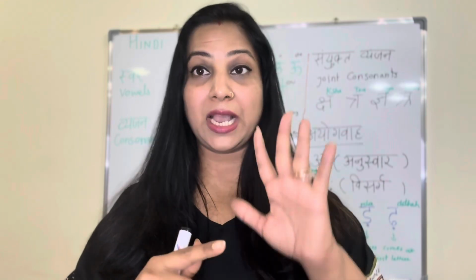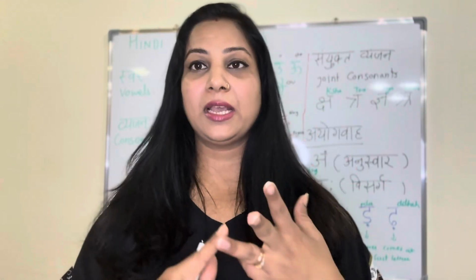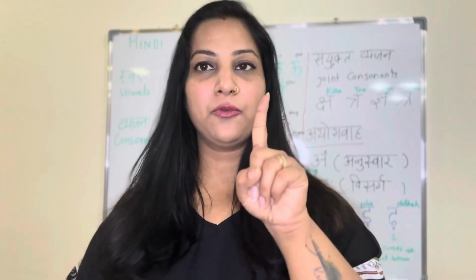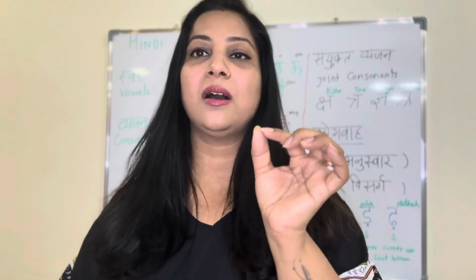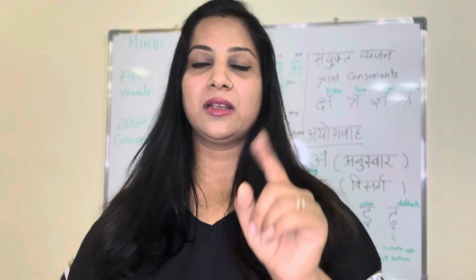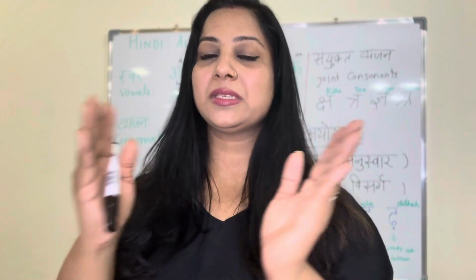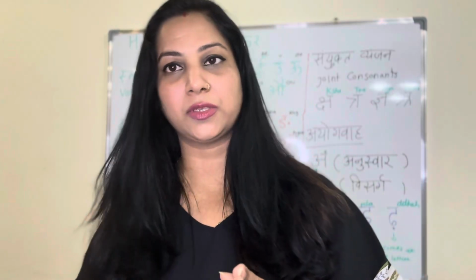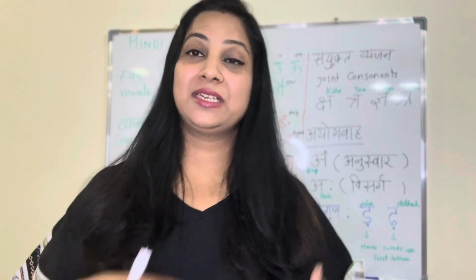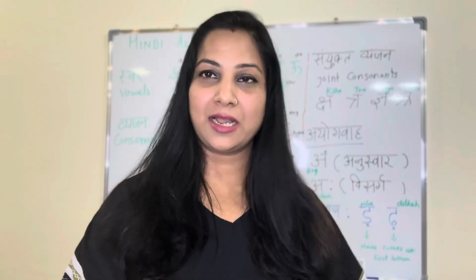And we have five different letters called Dirghaswar, which take a long time to say, and we have one single letter called Ardhaswar, re. Ardhaswar means half swar and half vyanjan, half vowel and half consonant. So for the detailed video you can check my earlier video.